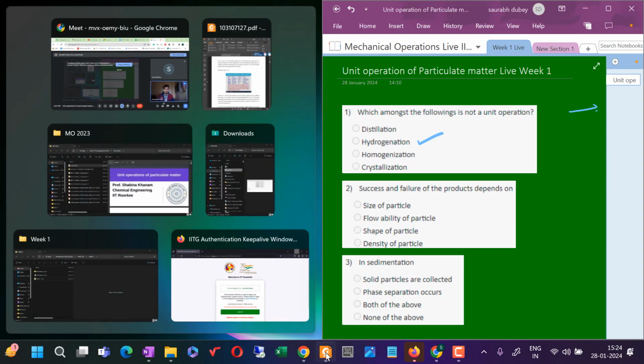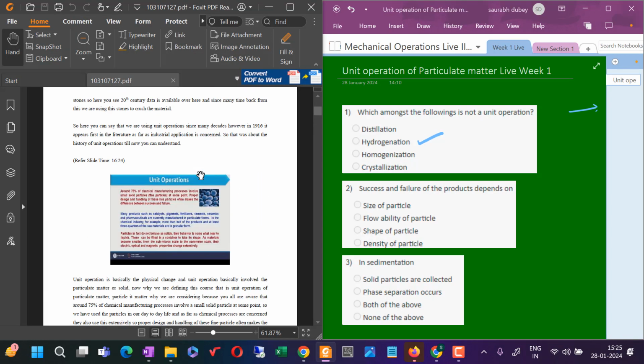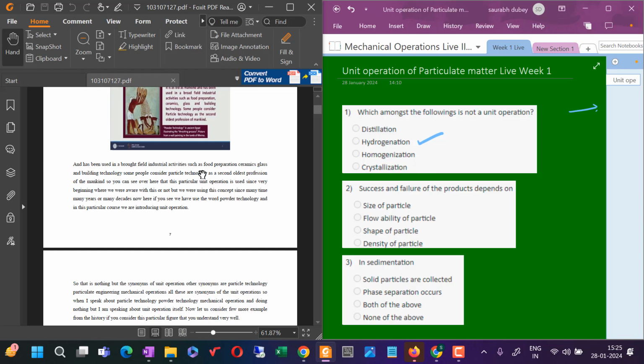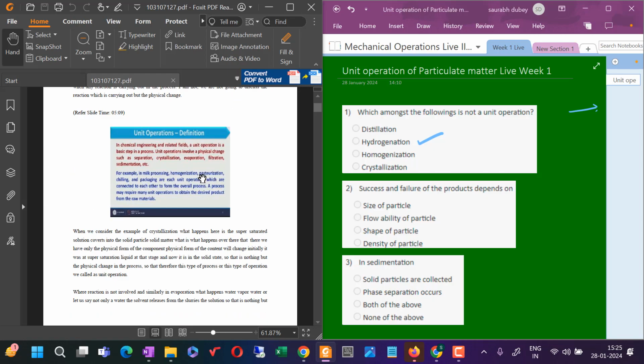There it is very clear how much effect size could have on the final product.